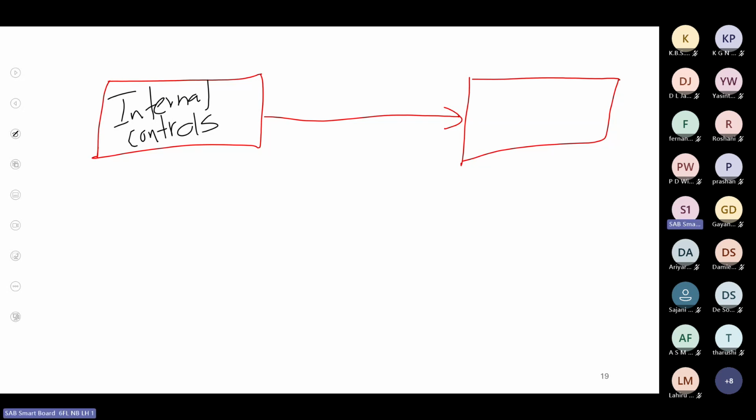Dependent variable is audit quality. Combining dependent and independent, we call it H1.